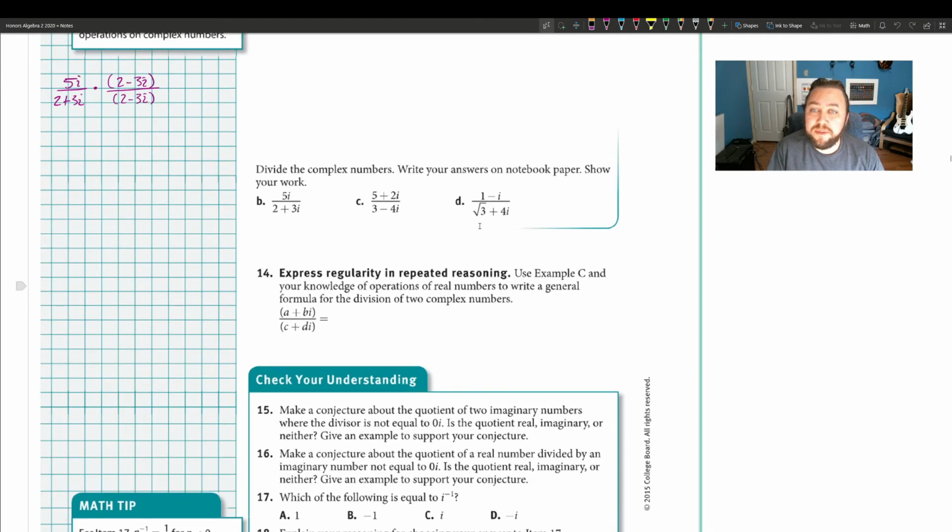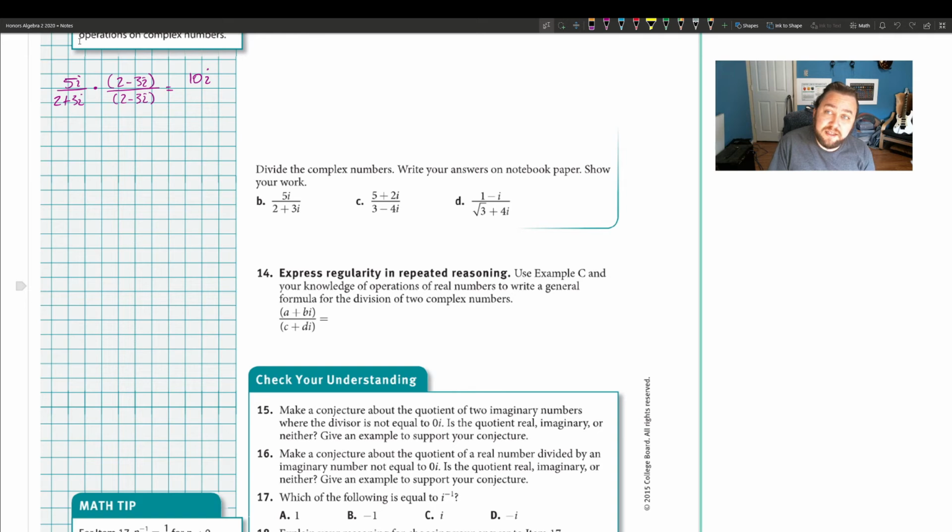Now, if you think about what I did, I haven't really changed the problem because 2 minus 3i over 2 minus 3i is a form of 1. So what I'm doing is completely legal, and it's letting us work with dividing these numbers. So let's multiply it out. Let's see, 5i times 2 would be 10i.